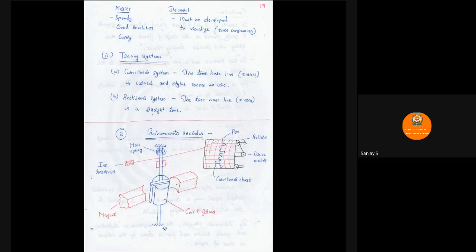So the unknown signal in the form of current will be fed to the coil here, and the same in the form of movement will appear on the paper here. The pen also moves because of the force experienced by this common shaft, and the recording takes place on the paper due to the movement of the pen.